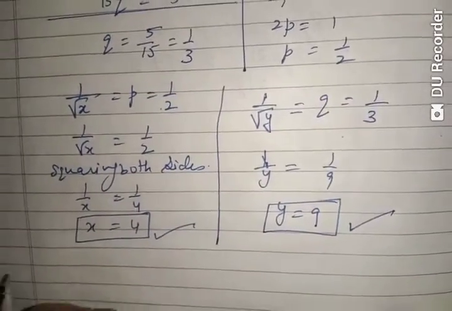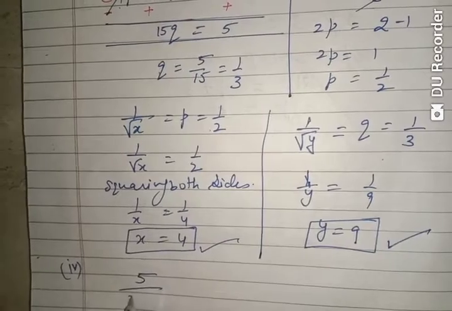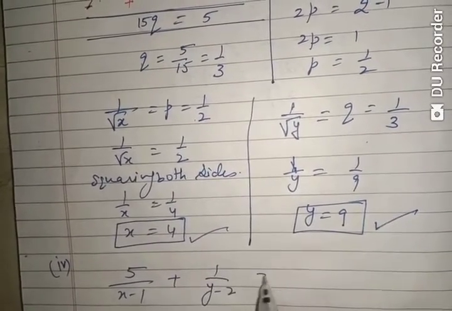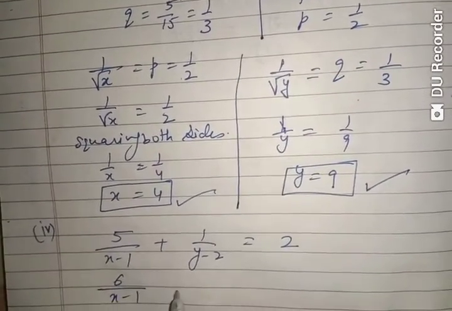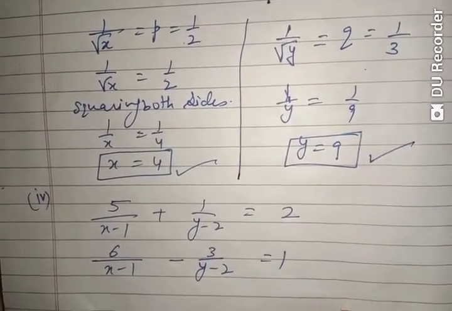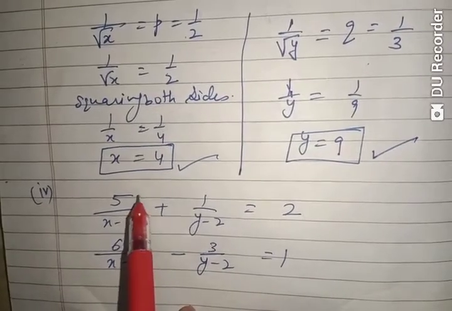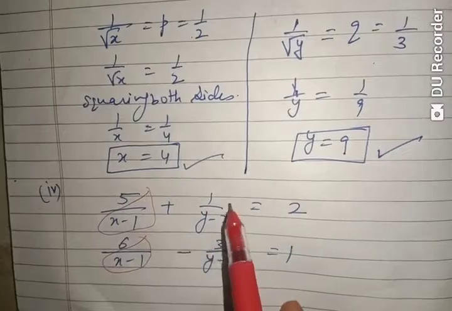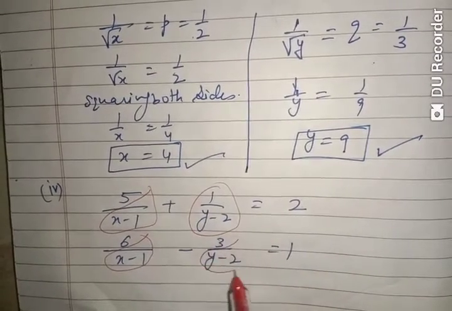Now one more part. I will take 5 over x minus 1 plus 1 over y minus 2 is equal to 2, and 6 over x minus 1 minus 3 over y minus 2 is equal to 1. Now you can see easily what is the same in both the equations: 1 by x minus 1, 1 by x minus 1, 1 upon y minus 2 and 1 upon y minus 2.